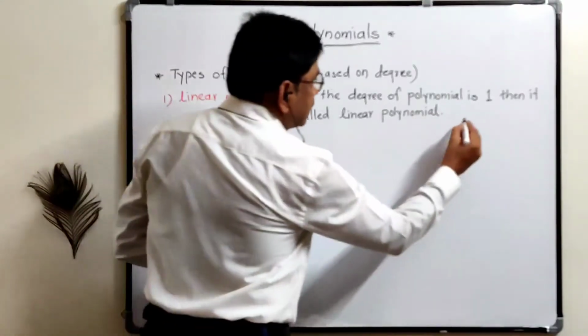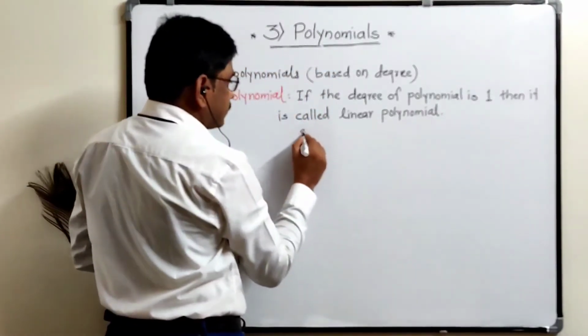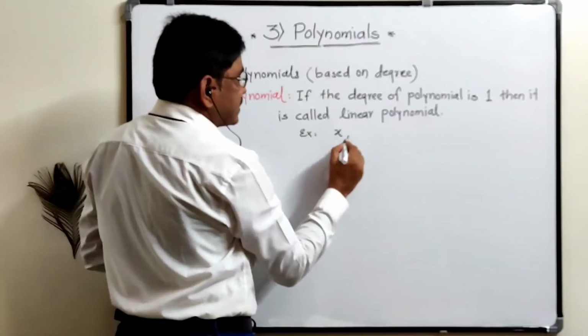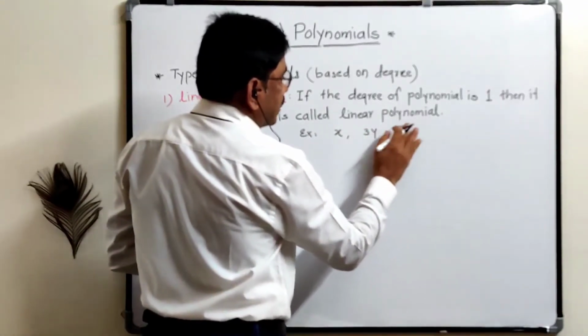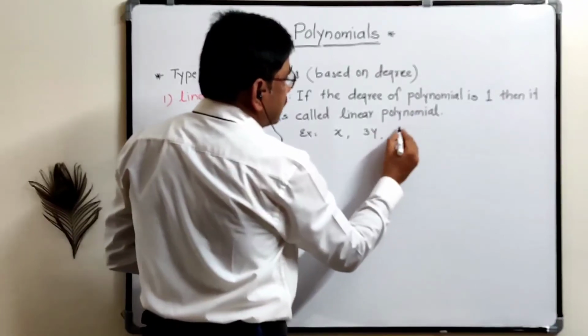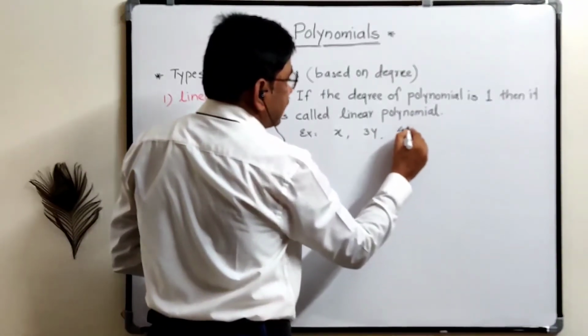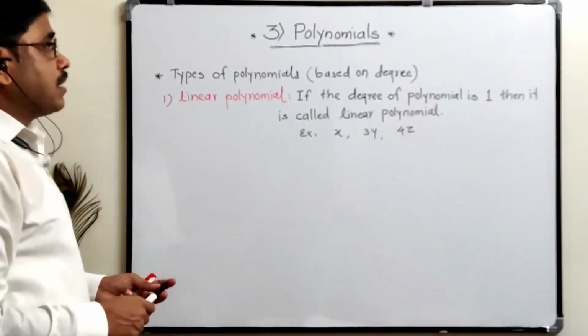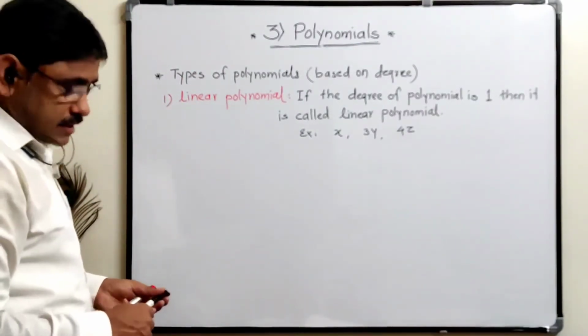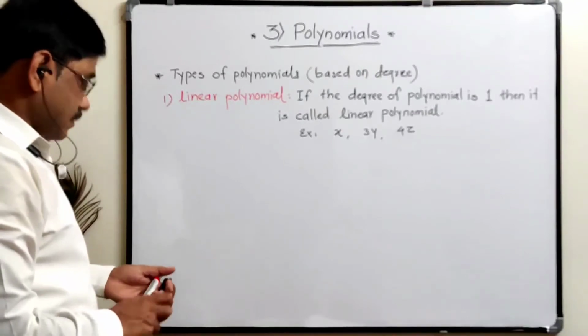For example, this x, 3y, 5, sorry, this is the constant polynomial, then 4z, like this. So here the degree of that polynomial is 1, then it is called the linear polynomial.